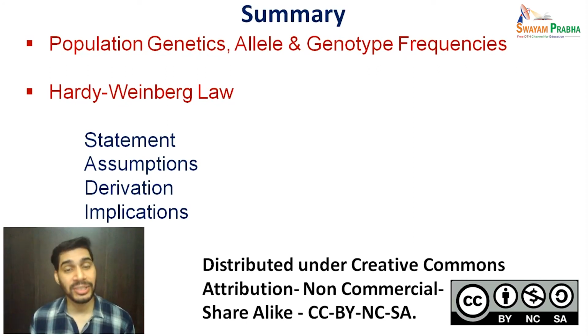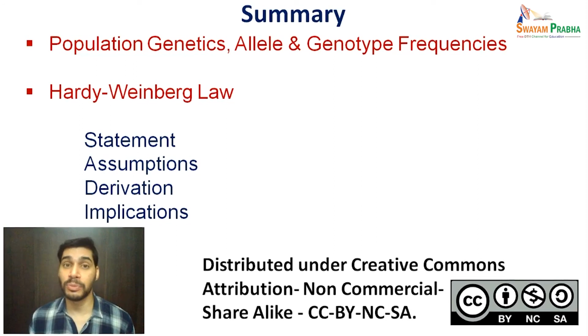These assumptions were with respect to the size of the population, that it has to be a large population. It was with respect to mating within the population, that it has to be random mating. Then it was with respect to no evolutionary force, that means there is no natural selection, mutation, migration, and genetic drift.